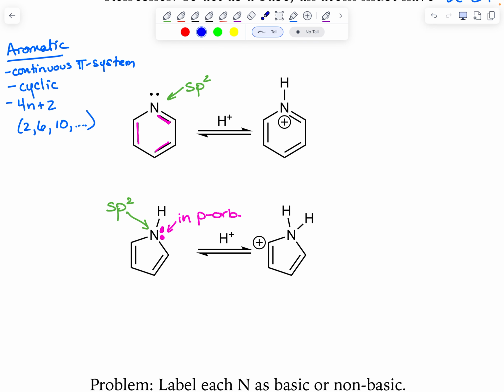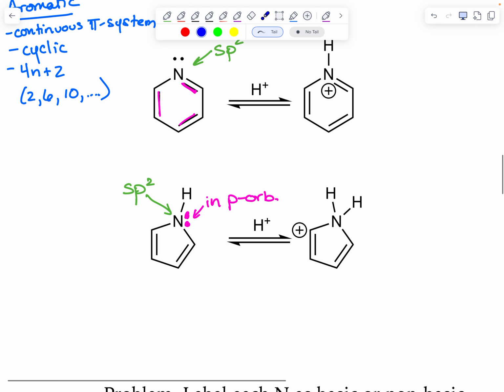Not only that, but before we had a continuous cyclic arrangement of parallel p orbitals, a continuous cyclic pi system that had how many electrons in it? 2 from this pi bond, 2 from this pi bond, and if we're resonating the lone pair, there are 6.